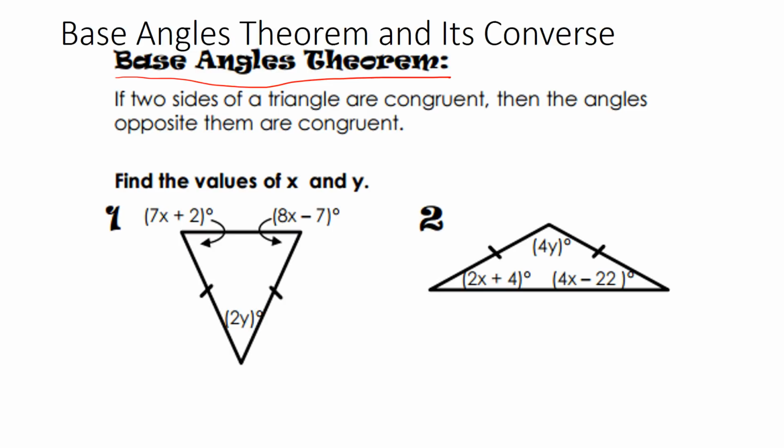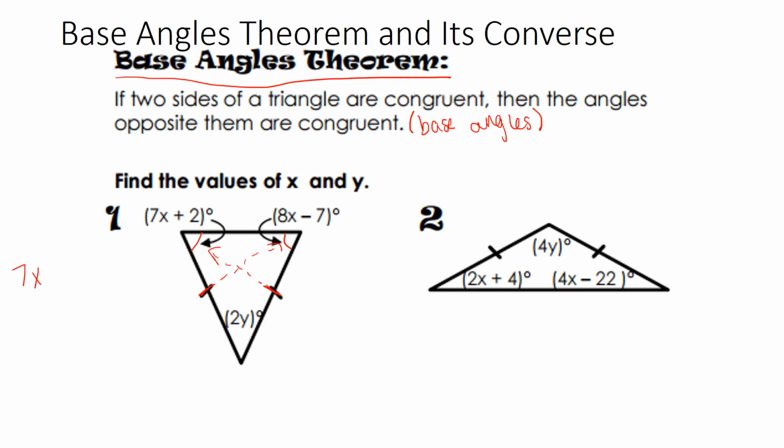In our number one image, the angles opposite the congruent sides are this angle and this angle, so this angle is congruent to this angle. Looking at the isosceles triangle, they're just referencing base angles, which are always going to be congruent. That's all.